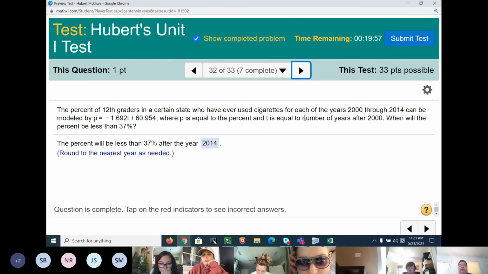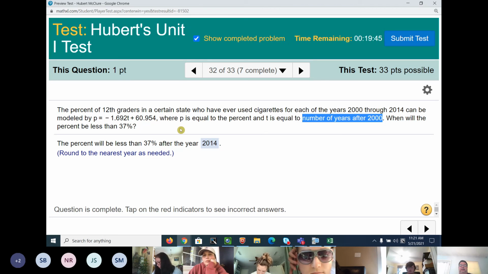You need to write that down, because that's going to get you the answer. T is the number of years after 2000. When will the percent be less than 37? So put 37 in here for P. I'm going to set it up for you. This is just like the house problem.